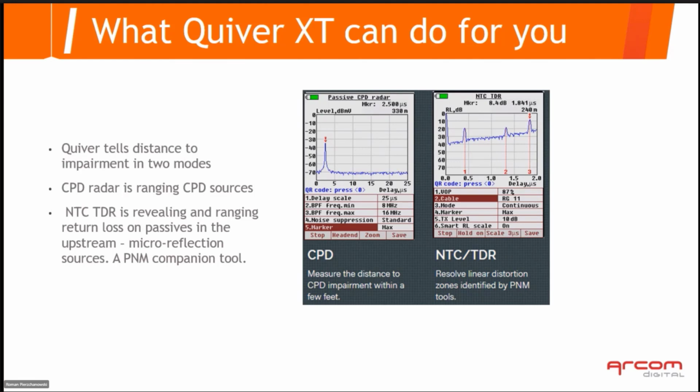It can range microreflection sources, but this is in opposite to the Quiver. CPD radar is limited to the distance between one active and the next active. This is how our TDR will work.